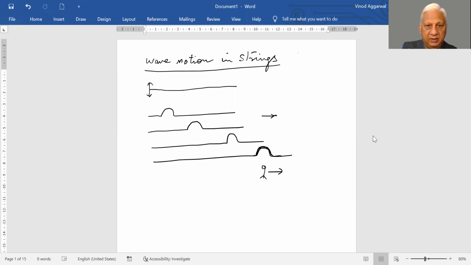when the wave is here, the particles involved are this one, this one, this one. Let's say P1, P2, P3. When the pulse is here, now it could be P5, P6, P7, and if it goes much further, P5 will be here, P6 will be here, P7 will be here, and there will be new particles.